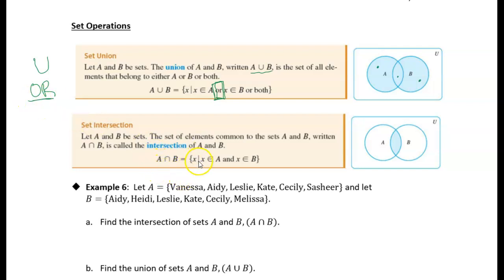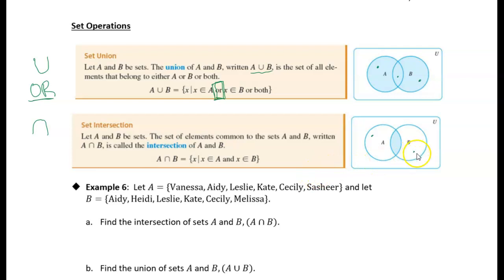Now the intersection is a little more exclusive. To be part of the intersection, which uses a symbol that's kind of like an upside down U, you have to be a member of A and a member of B. So if you're just part of A, nope, sorry, you're not part of the intersection.